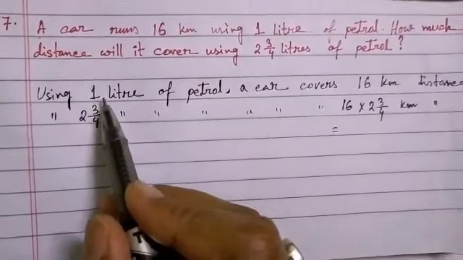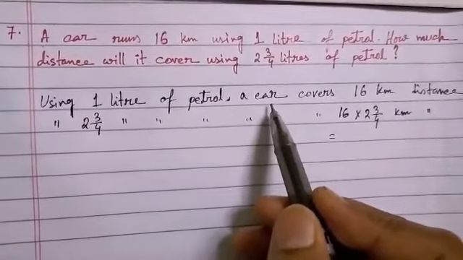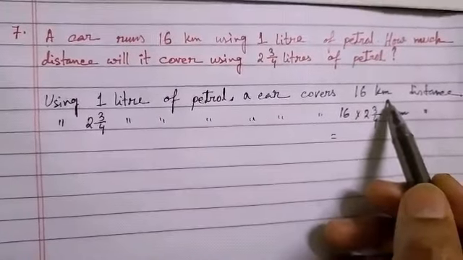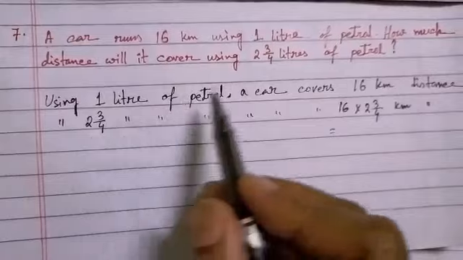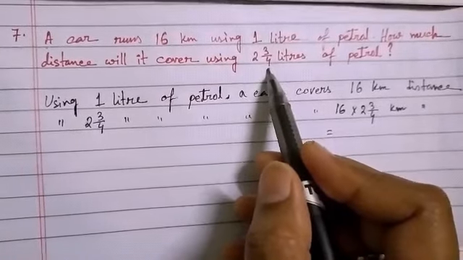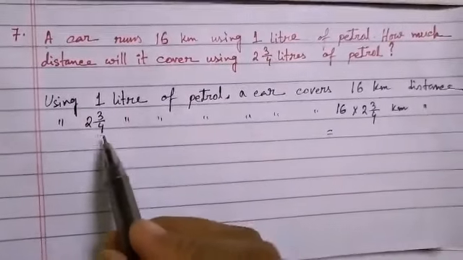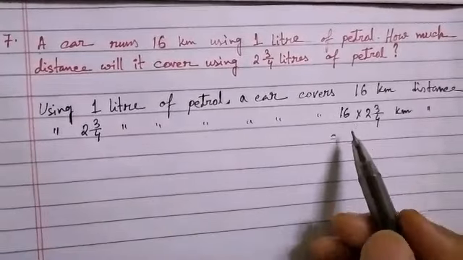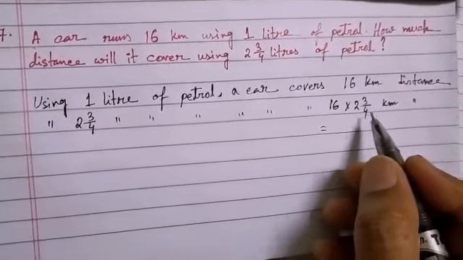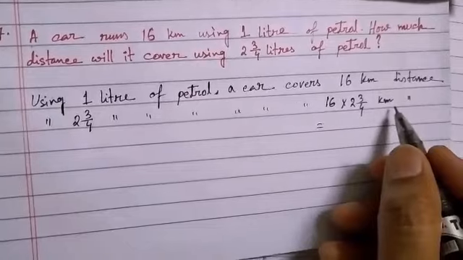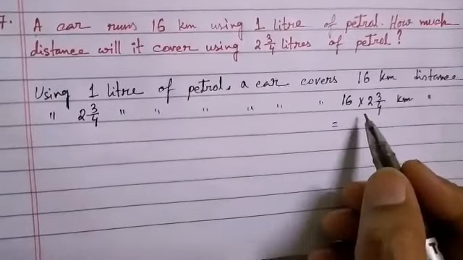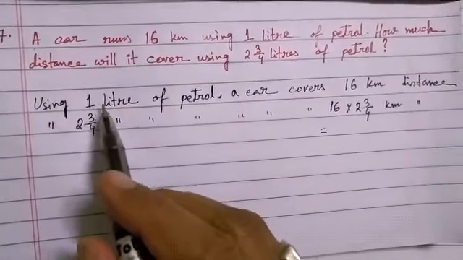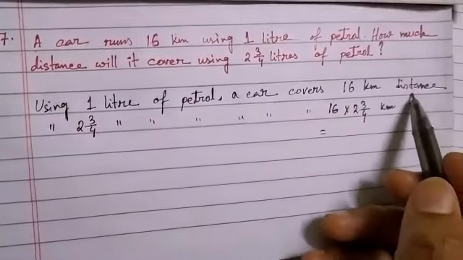So I have written here, using 1 liter of petrol a car covers 16 km distance. Then using 2 whole of 3 by 4 liters of petrol a car covers 16 into 2 whole of 3 by 4 km. Obviously it will be multiplied, because 1 liter of petrol covers 16 km distance.